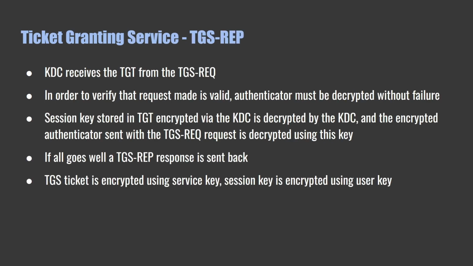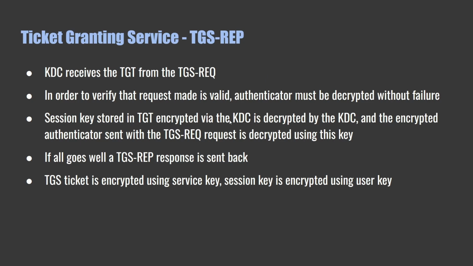So as we previously explained, we will send a TGS-REQ request to the KDC, and that is going to request our TGS ticket, the ticket granting service ticket. If everything goes well and everything can be decrypted and everything's valid, it will send back a TGS-REP response. So the KDC receives the TGT from the TGS-REQ request.